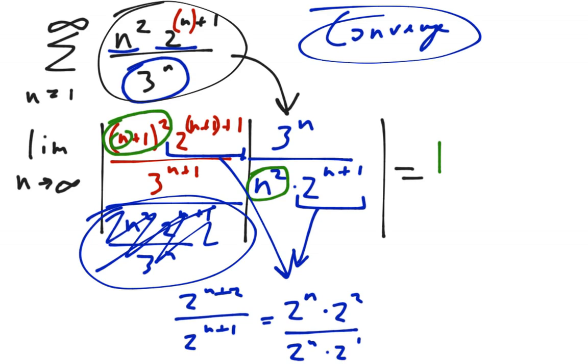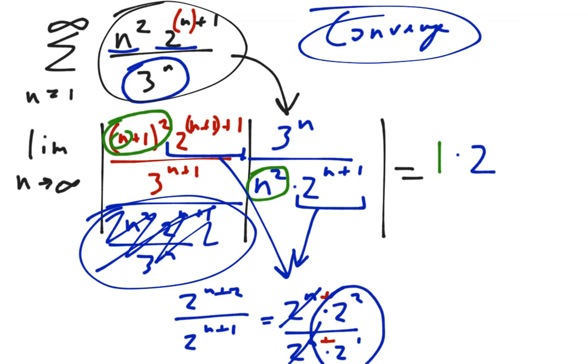In a way, I'm sort of reverse simplifying the properties of exponents. Remember that if I have multiplication, exponents add, same thing on the bottom. And so I'm splitting that back up so that the 2 to the n's will cancel, and then I'm left with actual numbers. And so here the actual numbers are going to be 4 over 2, which simplifies to 2. So that's my piece there.